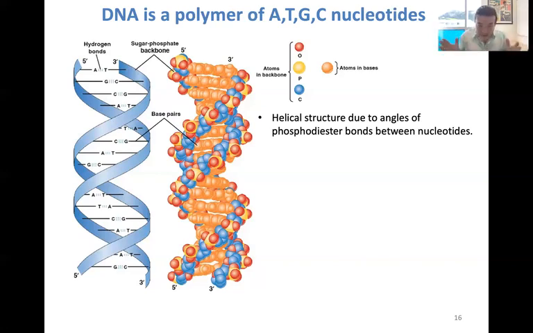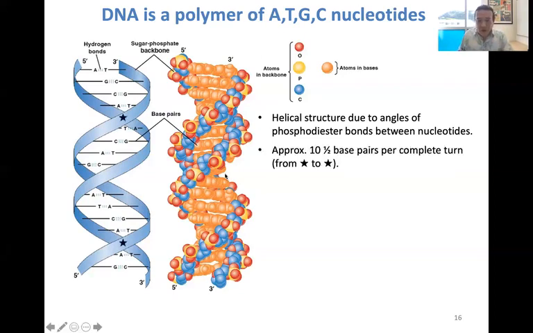I use the word happy because I tend to anthropomorphize everything, but it allows us to kind of think about things a little better sometimes. So as a result, the bond angles of these different nucleotides linking together will naturally cause them to form a spiral shape, a spiral pattern.